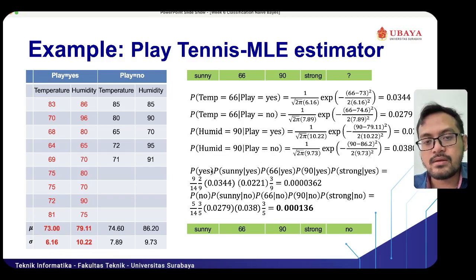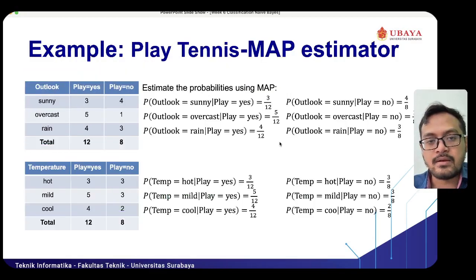Then we go to the naive Bayes theorem, so we can just change the values for the temperature and also humidity. We use this formula, P sunny given yes, by using the MLE estimator for the non-continuous calculation.